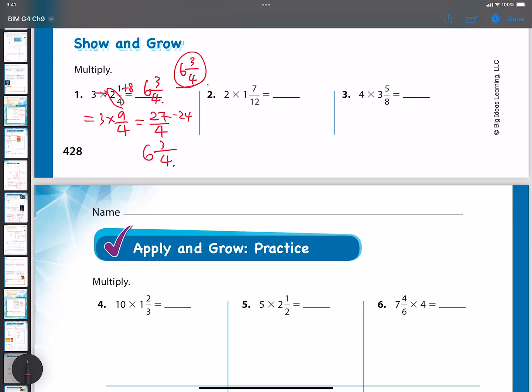Now, from now on, I'm going to stick with this distributive way, okay? This is going to be what? 2 times 1 is 2, and 2 times 7 is 14 over 12. However, this 14 is greater than the denominator, so this is an improper fraction. So this 12 can fit into 14 by 1 time.